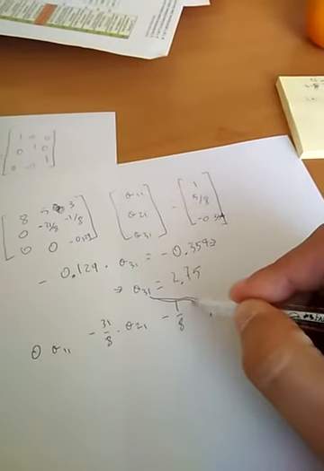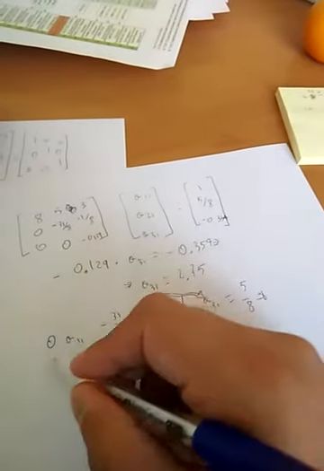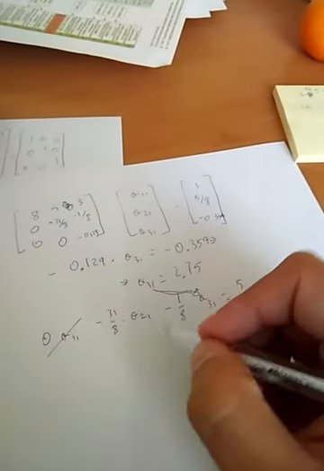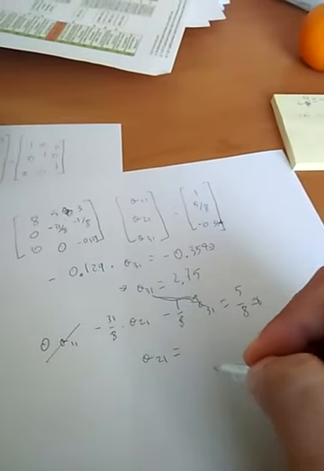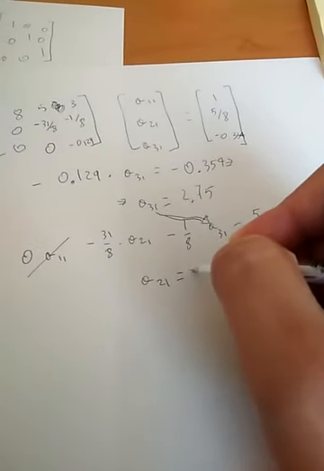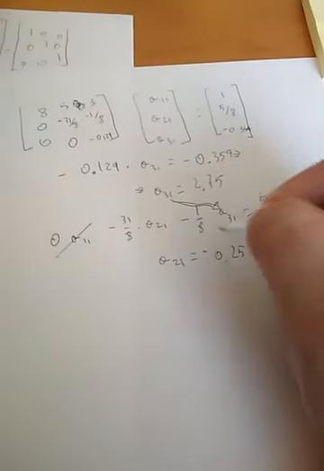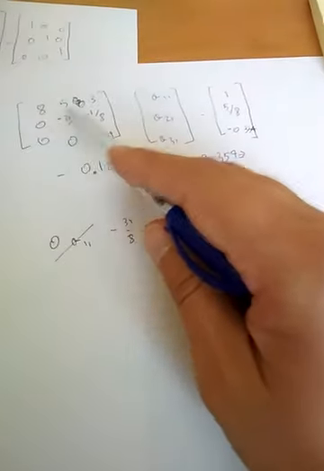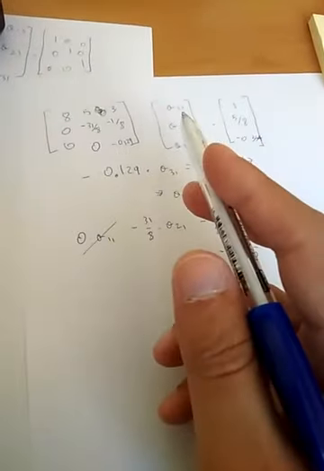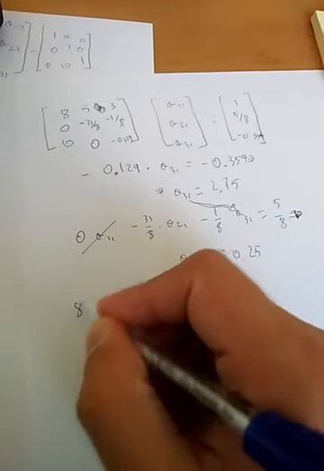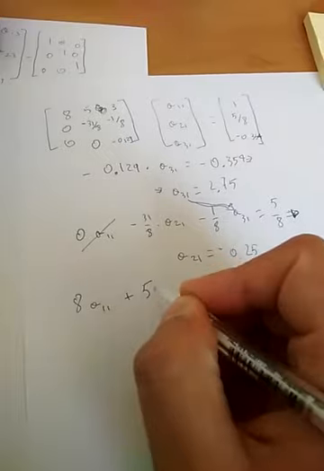We just calculated it. So we can calculate the value of A21, equal to minus 0.25.